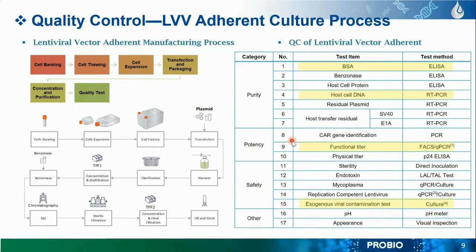Here I've highlighted 4 more important things. The BCA needs to be removed when it comes to adherent service, and the method we use is ELISA. For the impurities, HCP will be tested by ELISA, and DNA with RT-PCR. And the functional titer with FACS, that's where we do our testing.